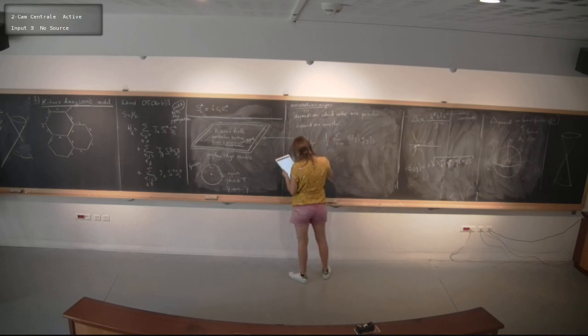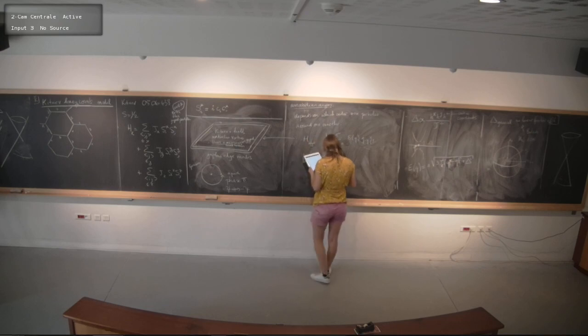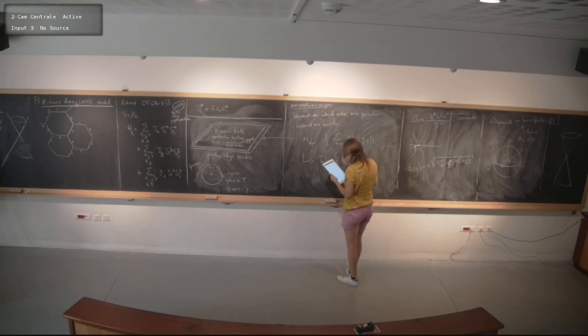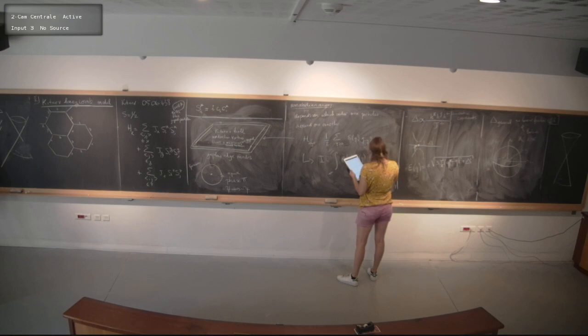And out of this, you get a current, which you can calculate to be the sum over q of the energy of q, that's just the definition of the current along the edge, times the velocity, dq over 2 pi.